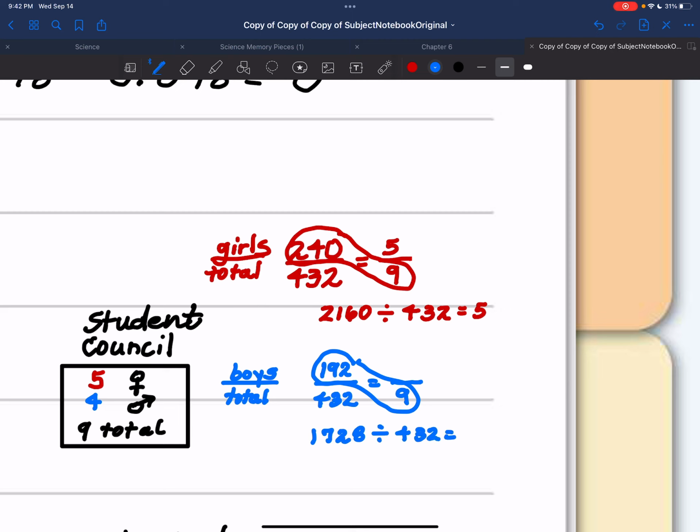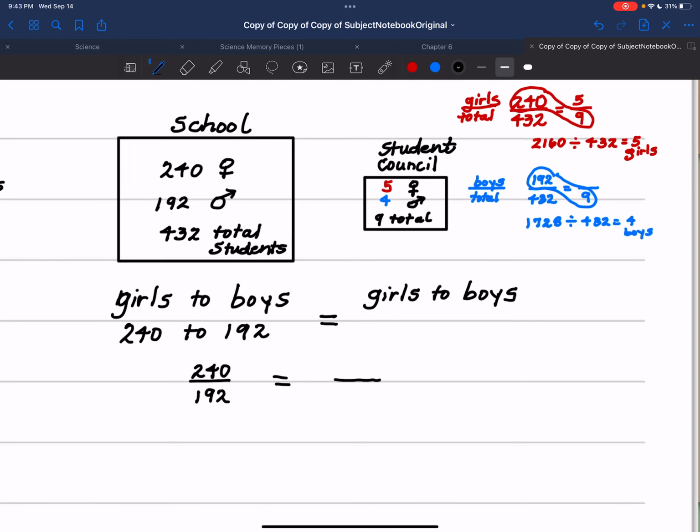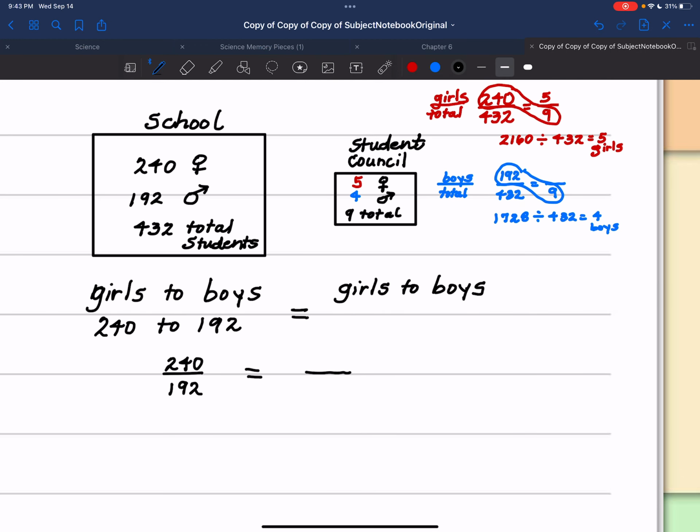And let's see if this is indeed proportionate. If it is, we know we have this one right. So I'm going to put up 5 and 4, and let's cross multiply.